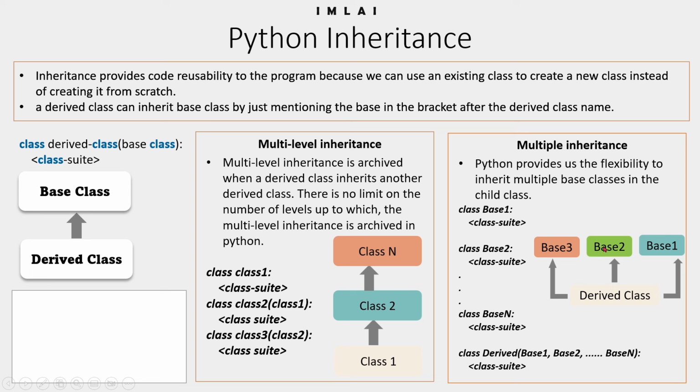That's why it is called multiple base class inheritance, or multiple inheritance. Whereas in multi-level inheritance, each class has a connection with the other. Each class has been inherited from another. That's why it is levels, like grandfather, father, child, grandchild. That is multi-level, whereas multiple is different.